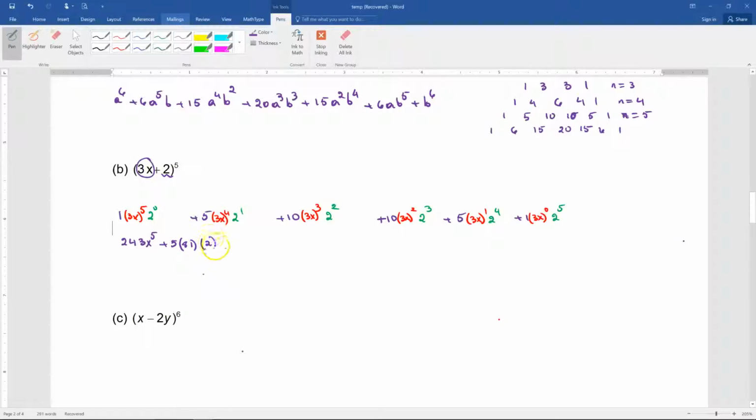Times 2, okay? x to the 4, plus 10 times 27 times 4, x cubed, plus 10 times 9 times 8, x squared, plus 5 times 3 times 16, x, plus, how much do we get here? For the last one, just a 32, okay?